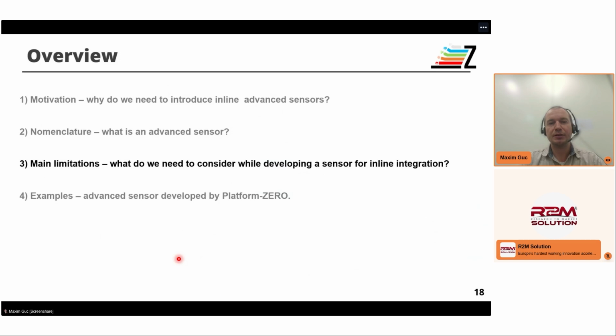And let's now speak a bit about some limitations or requirements that need to be taken into account when we are developing sensors for inline integration.